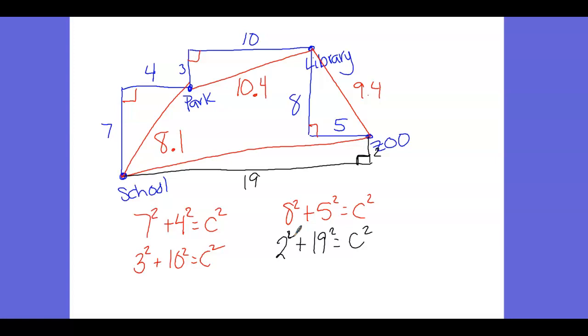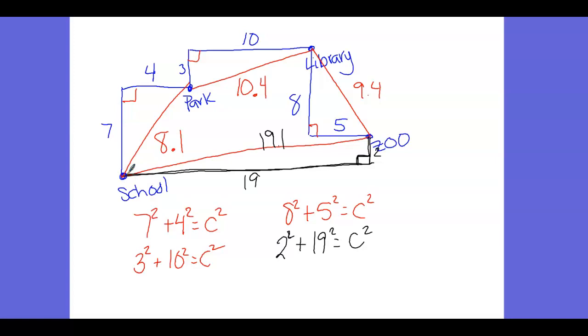What's my length of B? 19. So 2 squared plus 19 squared gives 19.1.